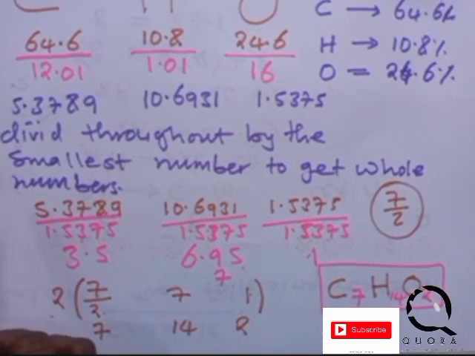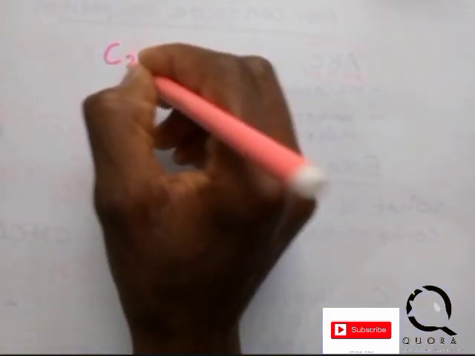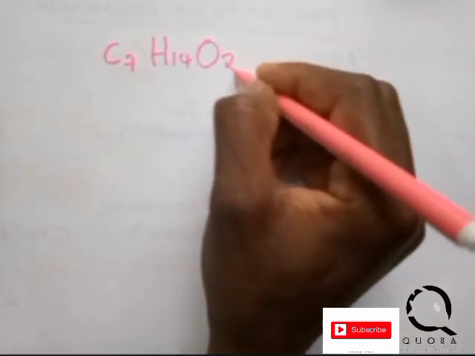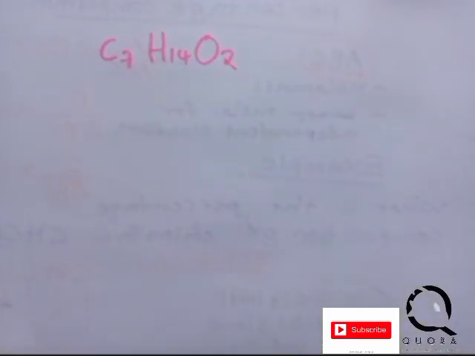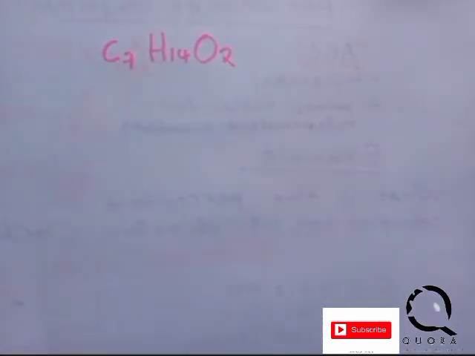How do you find the molecular formula at this moment? To get the molecular formula, you need to understand what the empirical mass will be. Whenever I say the empirical mass, I simply mean the molar mass for this compound, which is my empirical formula.